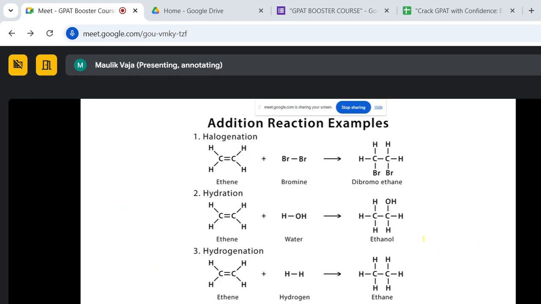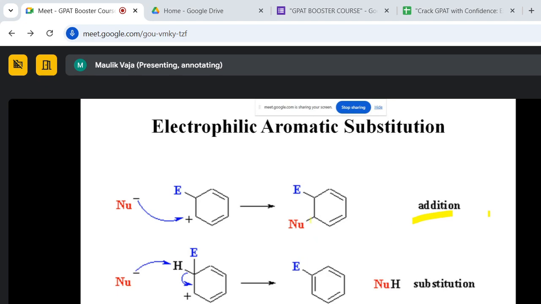According to addition reaction, one double bond will be removed and two bromines will be added on the ring, forming a dibromo compound. But it is not so in the case of benzene.